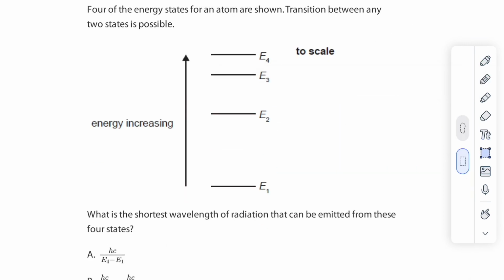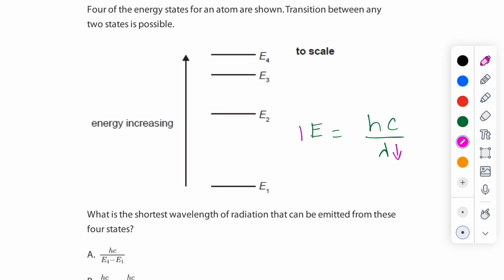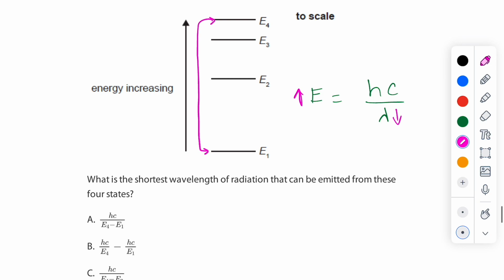Question number 18. Four of the energy states for an atom are shown. Transition between two states is possible. Shortest wavelength. We know that energy equals hc upon lambda. Shortest wavelength means energy has to be the maximum. Where is the maximum difference? Maximum difference is between E4 and E1. Do I have E4 and E1?